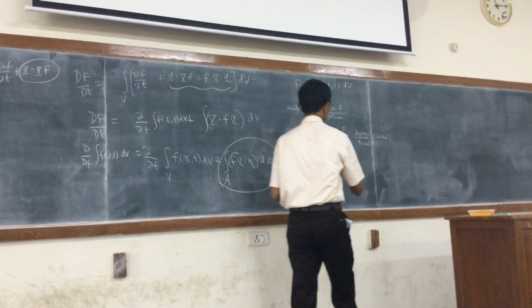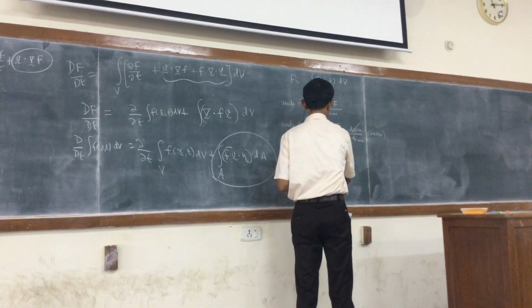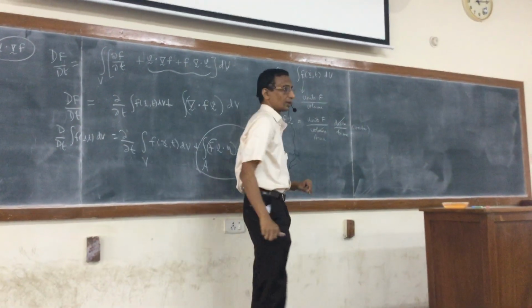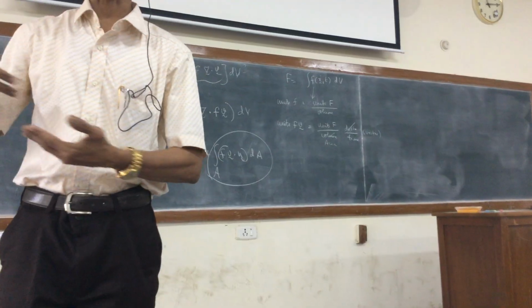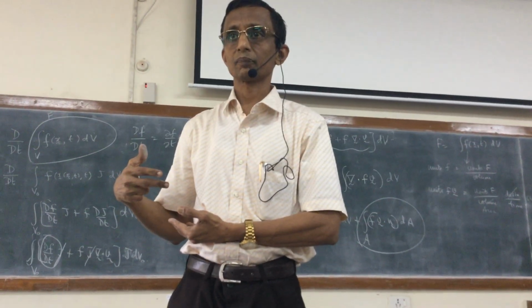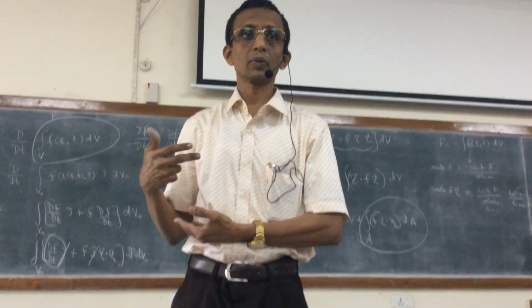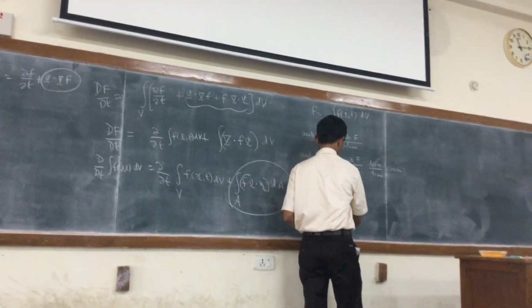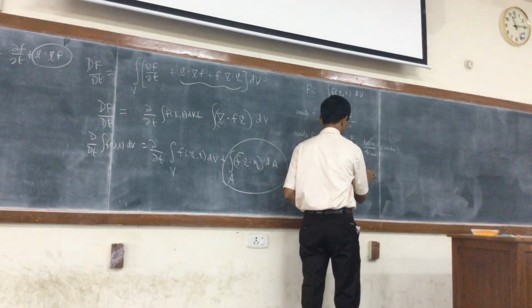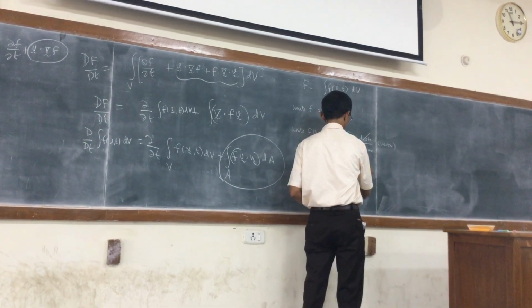So if I now cancel this, I get the units of capital F per unit area per unit time. So what can you say about it? It represents clearly the flux of F.